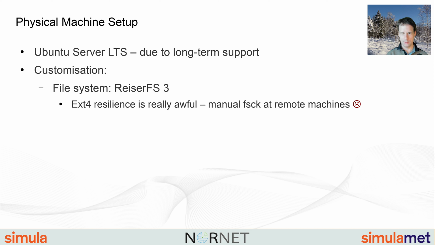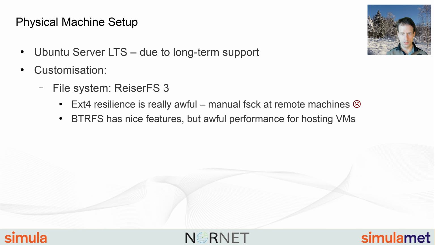So it has been shown to be really robust, and particularly not needing manual file system checks, which can be quite annoying at remote machines, which then fail to boot and need some manual work directly at the machine. But this was avoided by using ReiserFS.